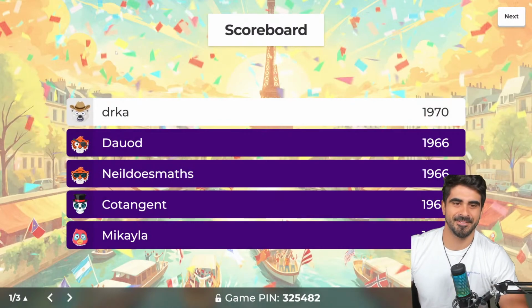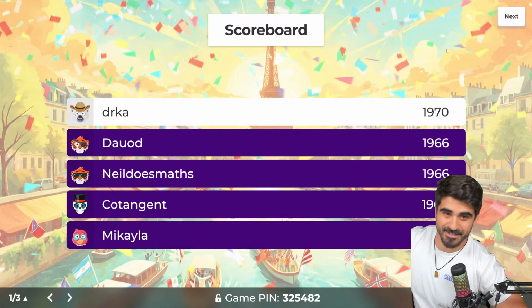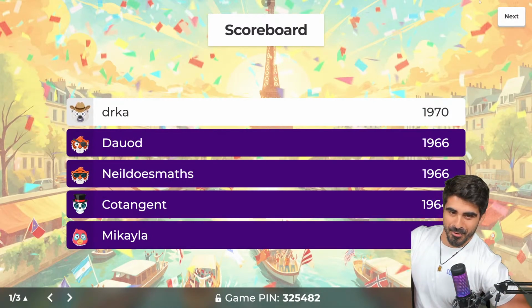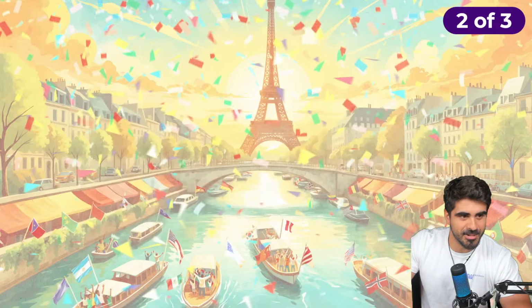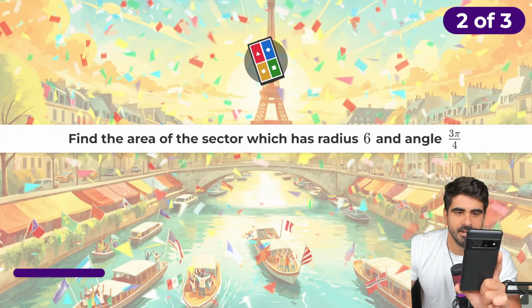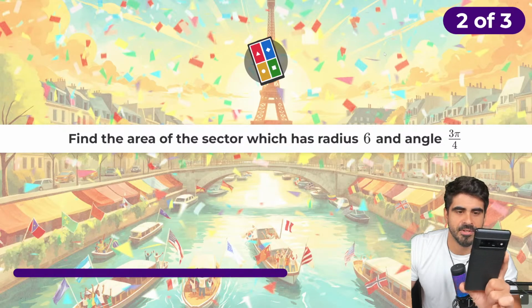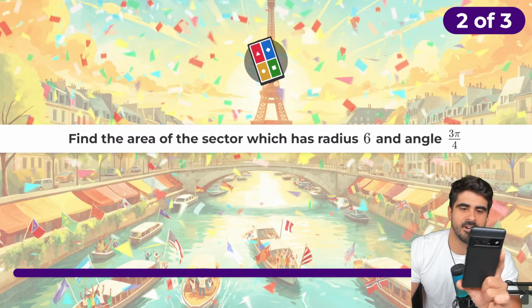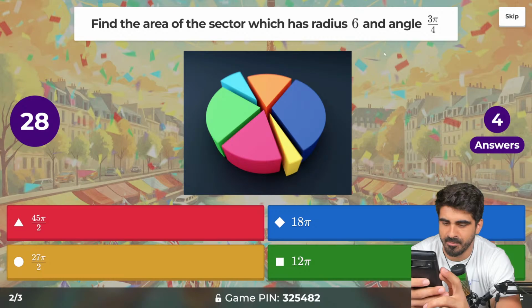Cotangent. Cot, you know. Darker on top. Me and Dowd equal on points. All right, let's go, mate. Question 2. Double points. Find the area of the sector which has radius 6 and... Oh, no. I'm not allowed to use a calculator.